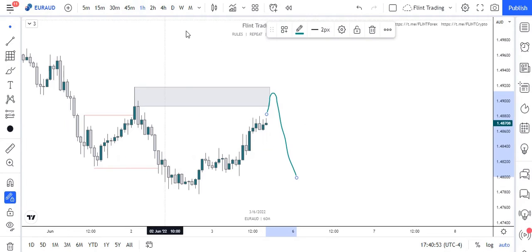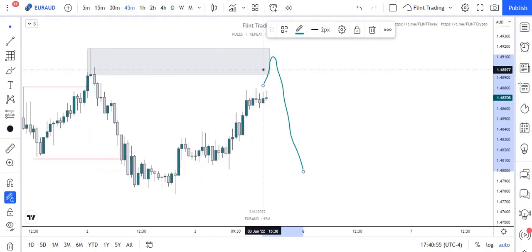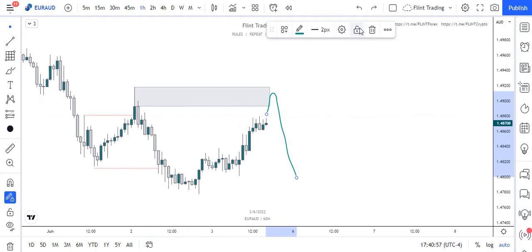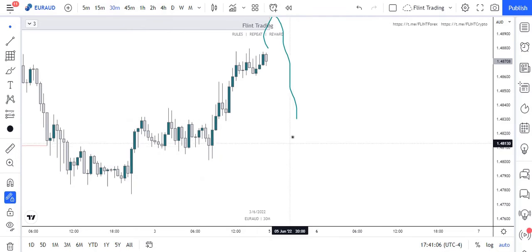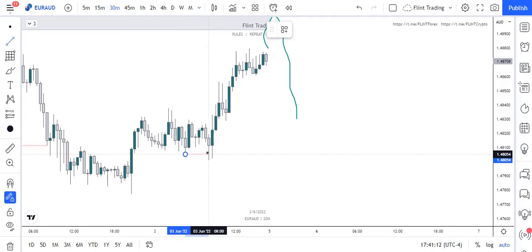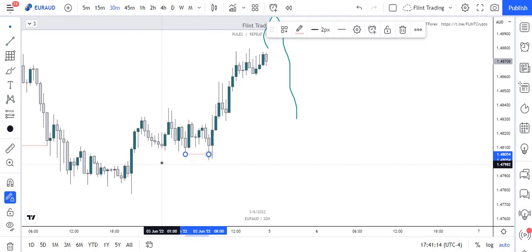And where exactly we would be on? Just a second. All right. So we would be expecting a drop right here from this area. We'll just move to the lower time frame. Same thing in here. This was the last order block which took out these lows right here. All right.